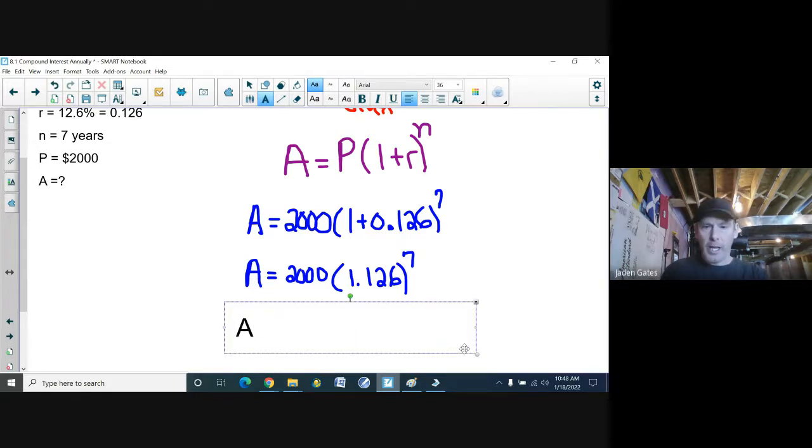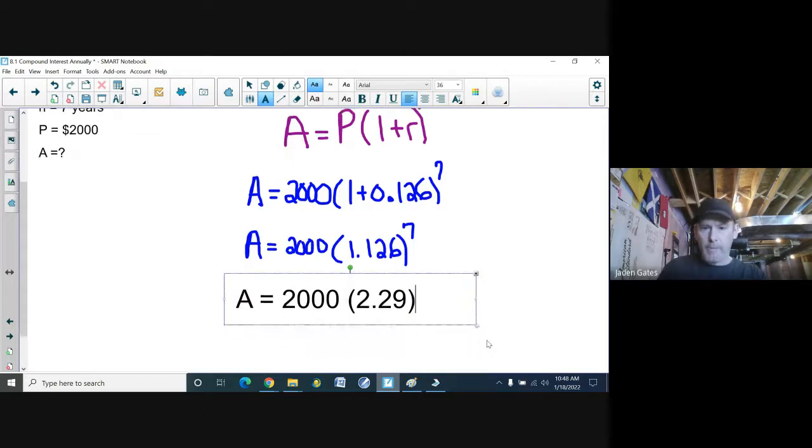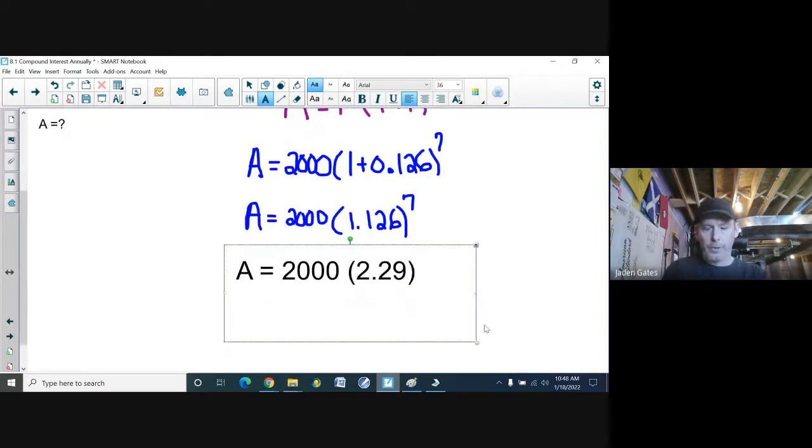So here we go. A is equal to 2,000. Let me see here. I've got 1.126 to the power of 7. To 2 decimal places, I get 2.29. All right. And then I'm going to multiply those two.